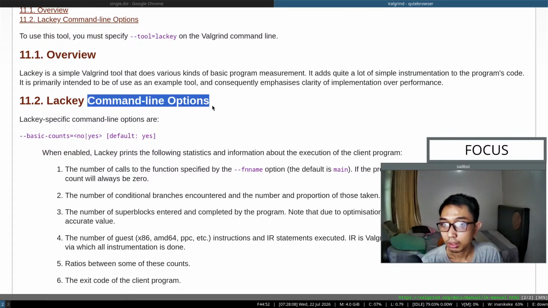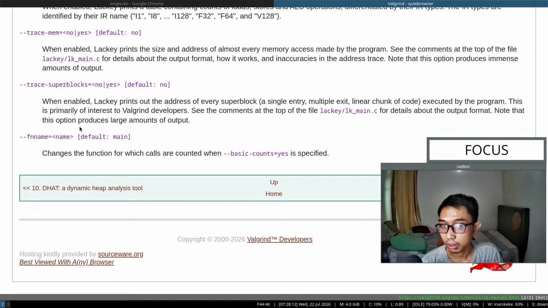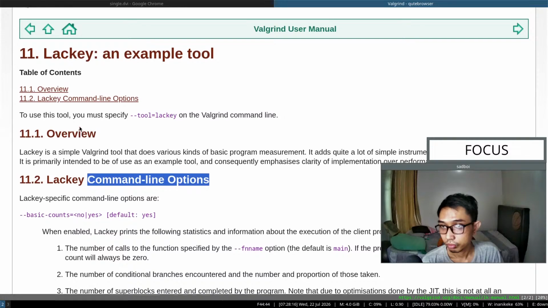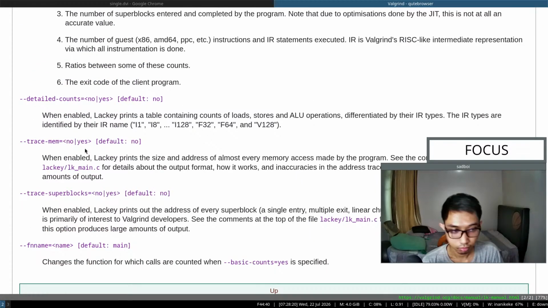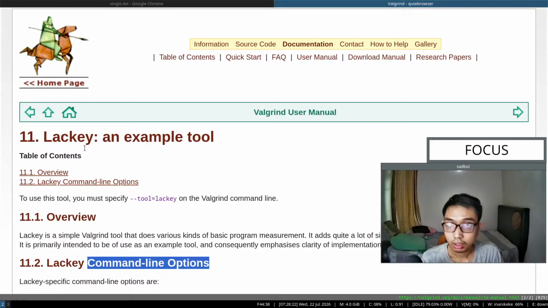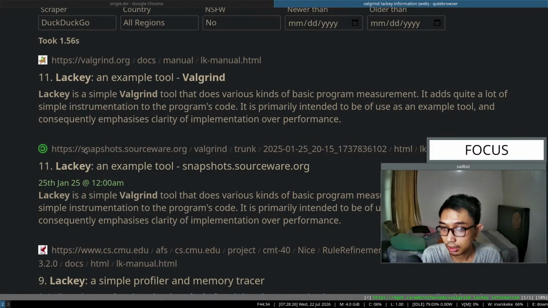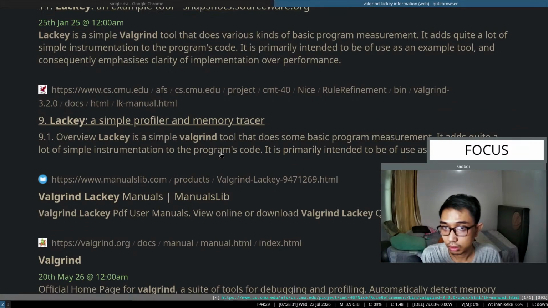Key command line option. Okay, this is the command line option. Oh, that's not what I expected, but an example tool.